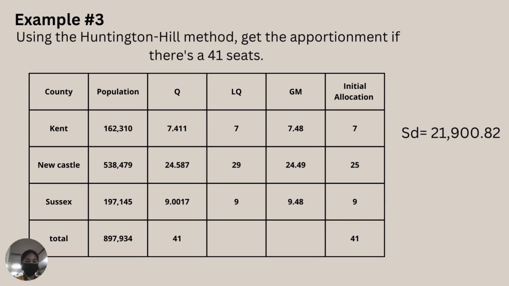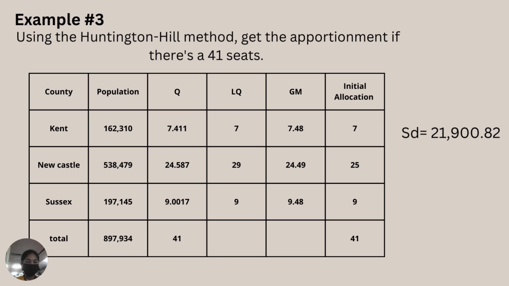Another example. In this example, we are not going to apply the modified divisor. As you can see, we have 41 seats with populations of 162,310, 538,479, 197,145, 897,934.